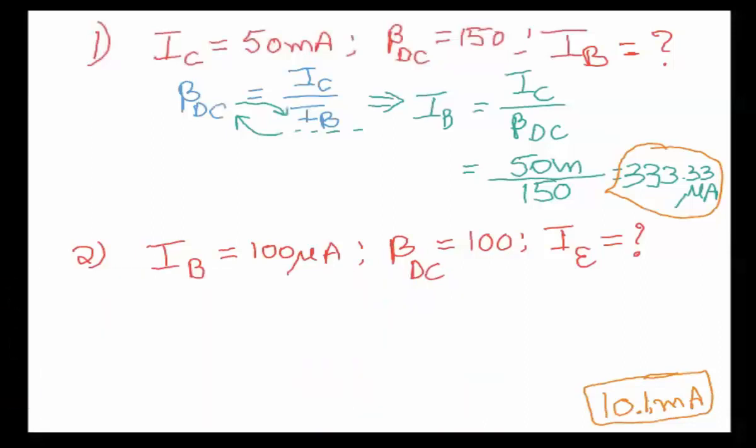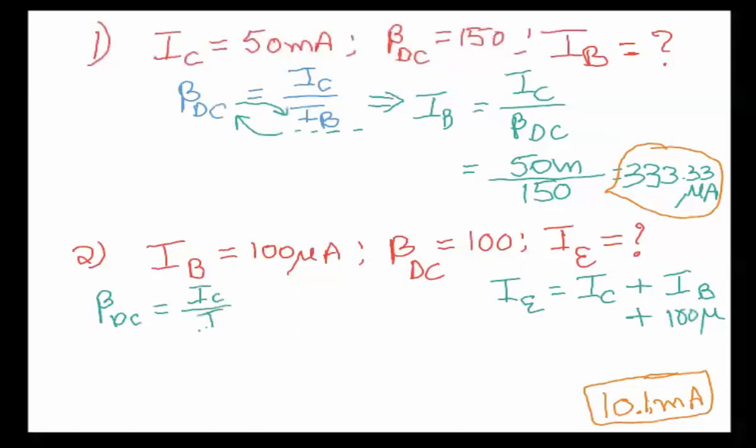Even though the problem is asking for emitter current, remember that emitter current is a combination of collector and base. Base current is given as 100 micro, but collector current is unknown. Again, from the same relation where beta DC is IC over IB, beta DC is given as 100.